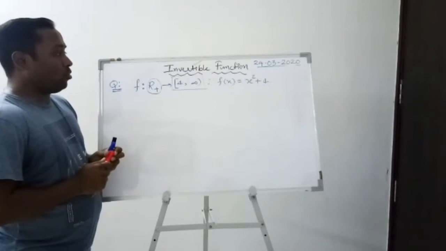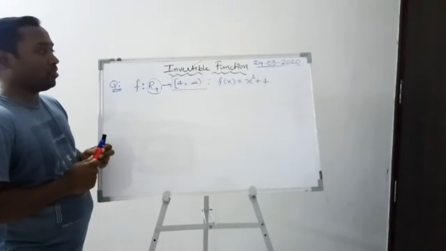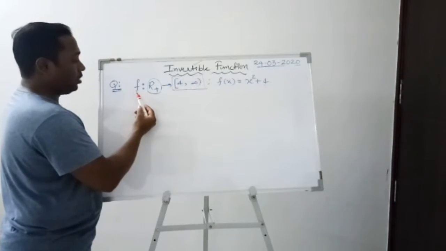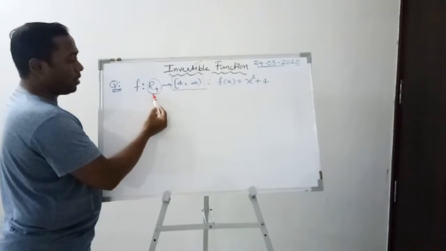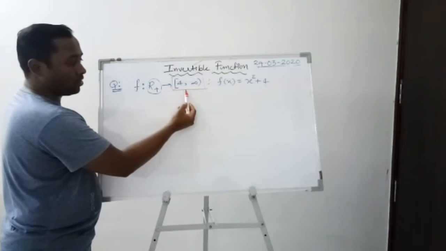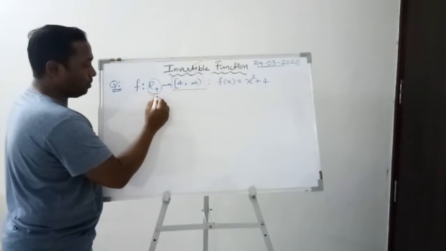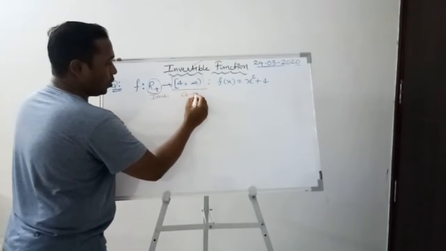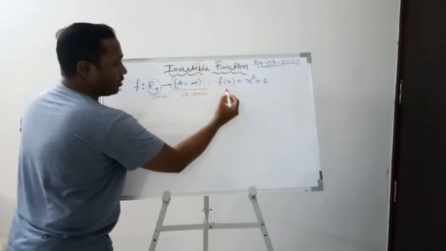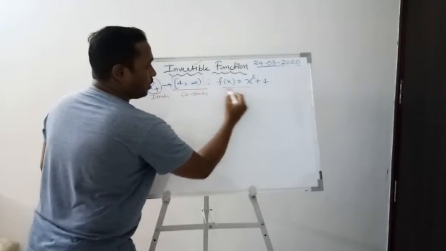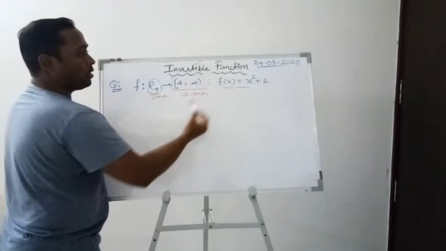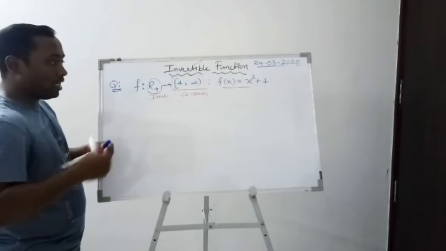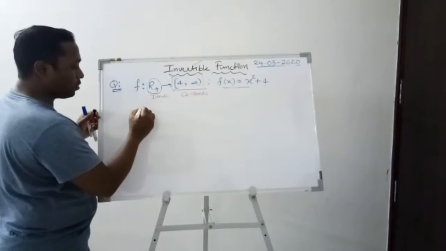Fine. So finally, I am just recapping the things in short. See, the first question was the given function from R plus, the positive real numbers, which we call the domain of the function, to this interval, which we call the codomain of the function, and this is the function defined. Now we already proved that this is invertible. Hence we are able to write its inverse in terms of y.